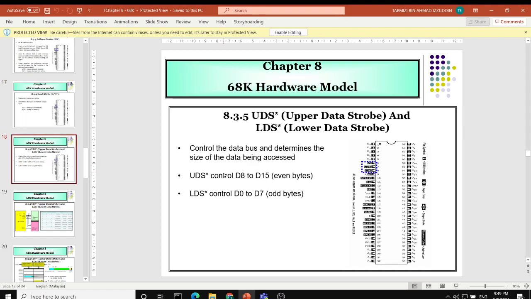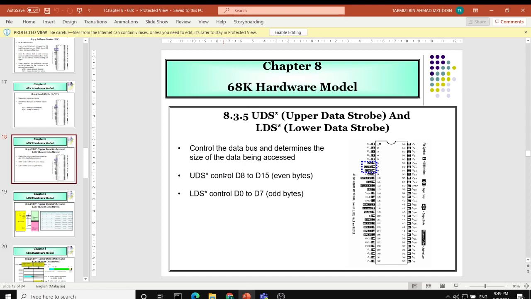Okay, next is UDS, upper data strobe, and LDS, lower data strobe. As I mentioned earlier, when you access a memory, it consists of even address space and odd address space, even bytes or odd bytes. The way the 68K can control where to write, even or odd, is by using these two pins, the UDS, upper data strobe, and LDS, lower data strobe.